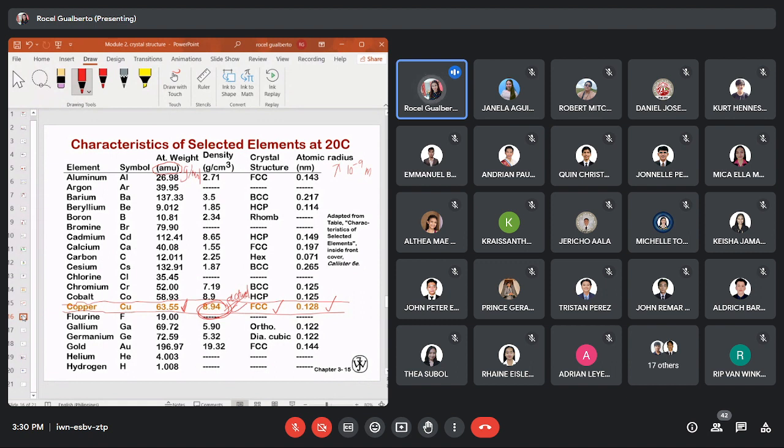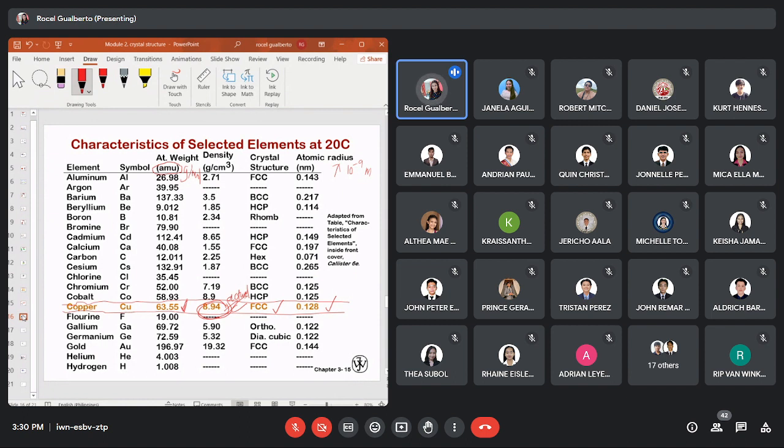Basically, we are just proving here that using the crystal structure, we can determine the density of the material. So what will we do?